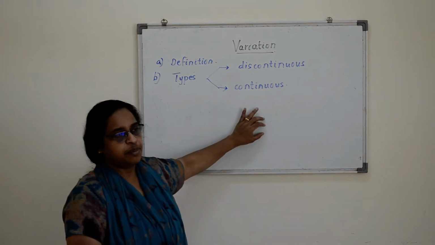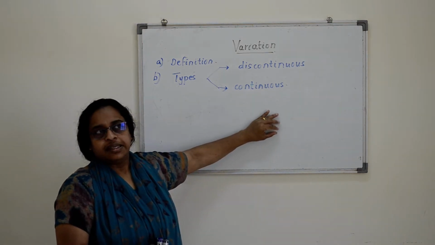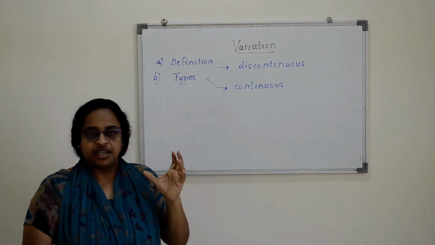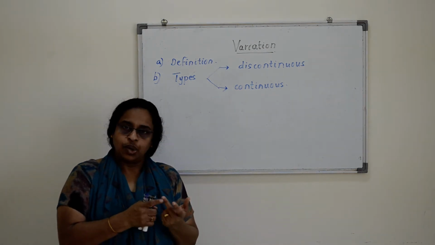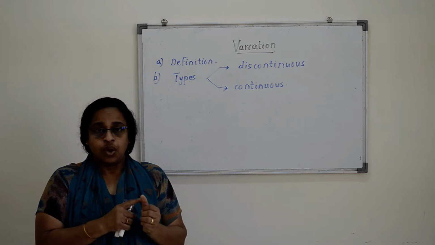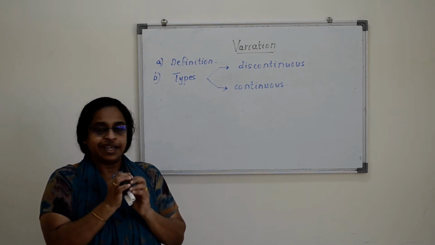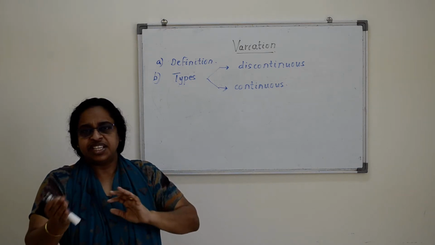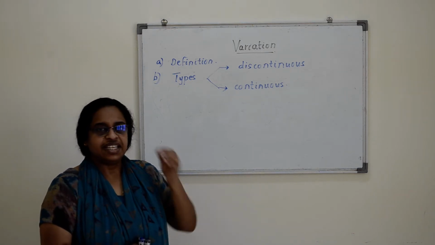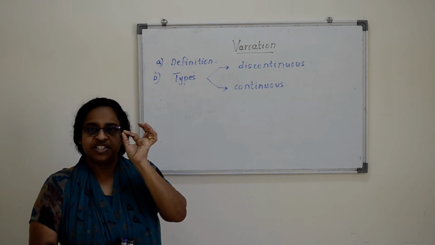For example, we can see the eye color. Just think, the eye color can be brown or black or green or blue or silver, or we can say a very bright color. So there are maybe 5 to 6 differences you can see in the color of the eye, especially the iris.